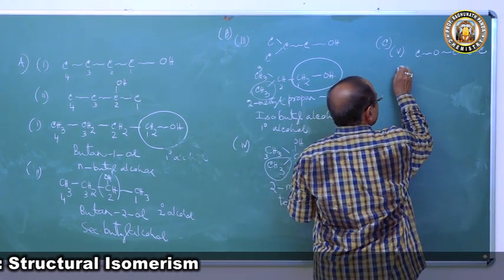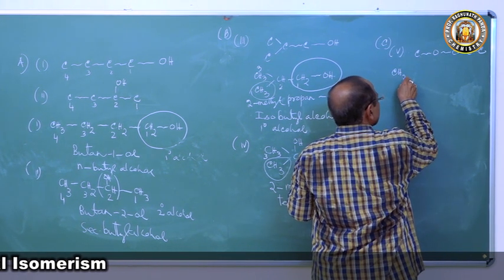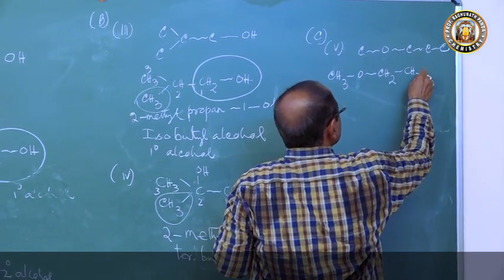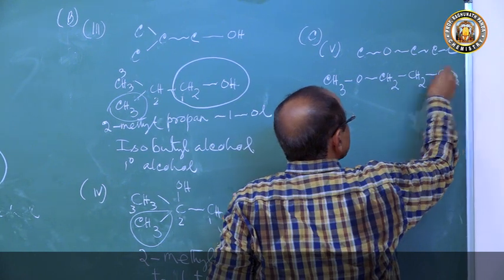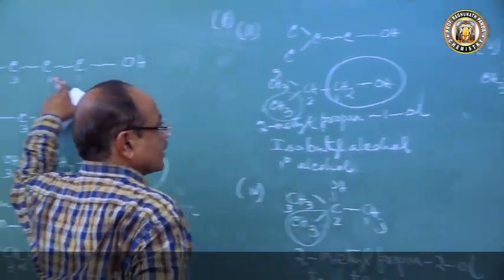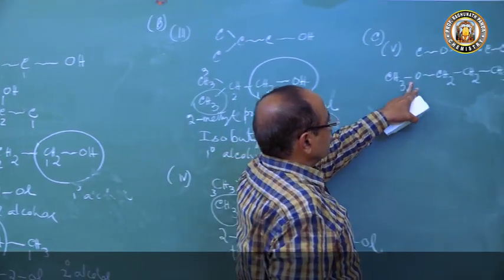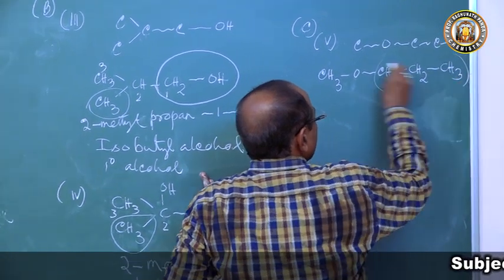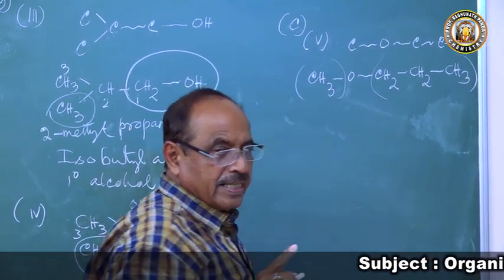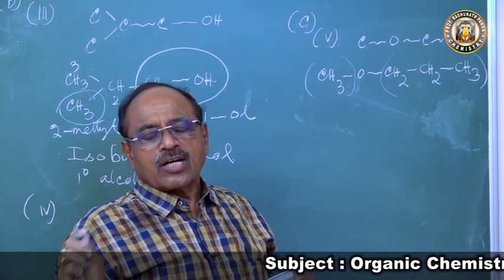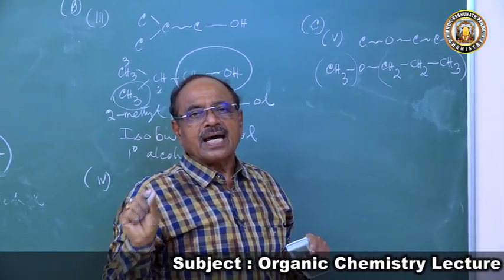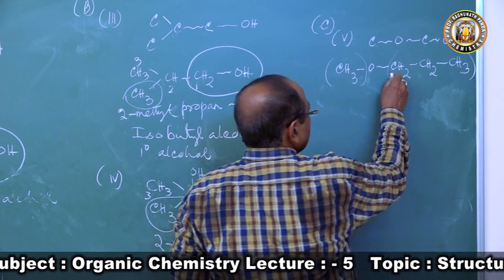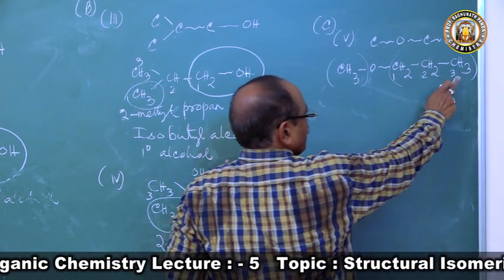This compound is CH3-O-CH2-CH2-CH3. This is the ether. Here we have a propyl group and a methyl group. While writing the common name, the rule is that the alkyl groups are written in alphabetical order. First the IUPAC name: 1, 2, 3, this is propane.